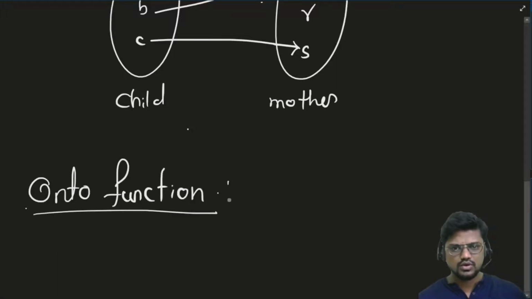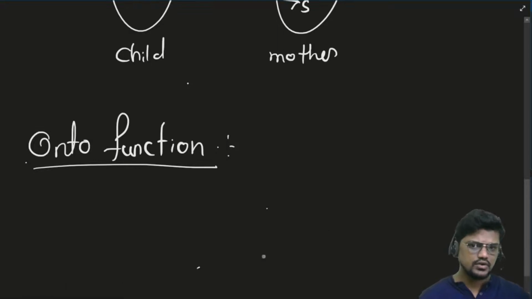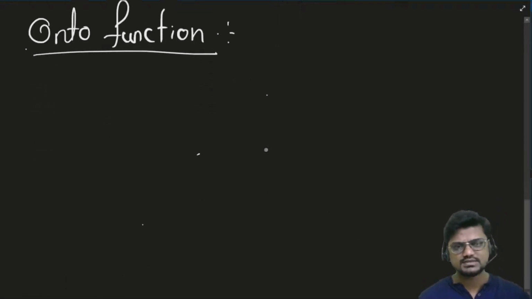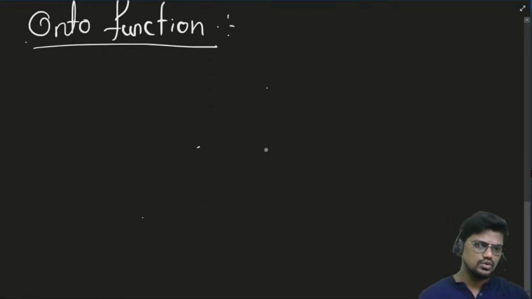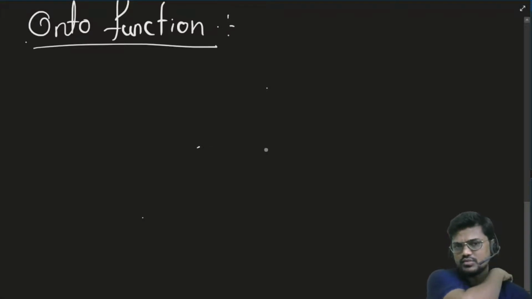Okay, do you know about these onto functions? I hope you guys have studied this in class 11th. Do you know or not? Do you know what onto functions are? No. Fine. Now see, what is an onto function?